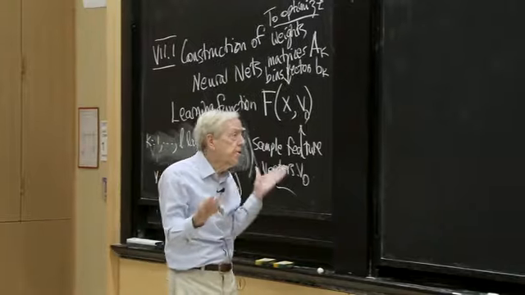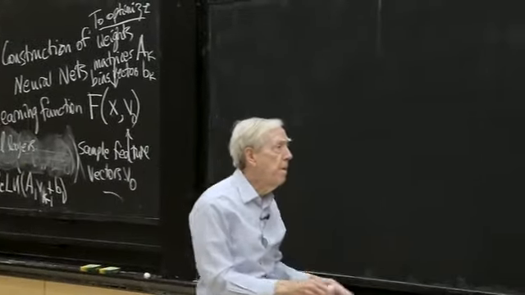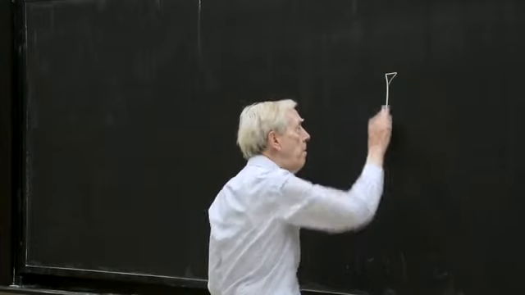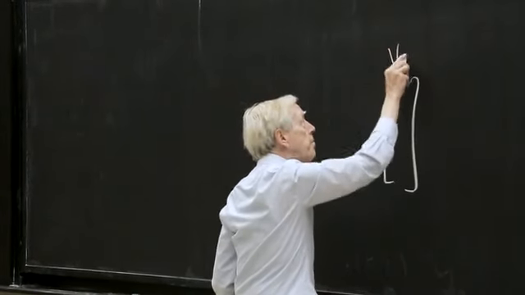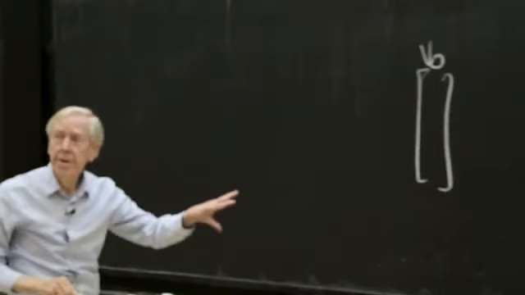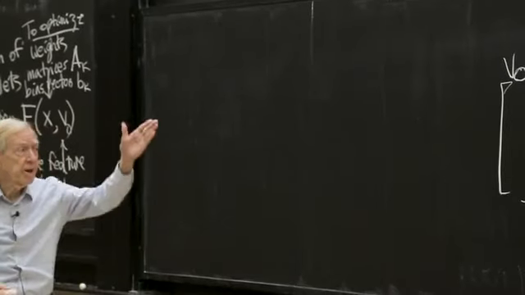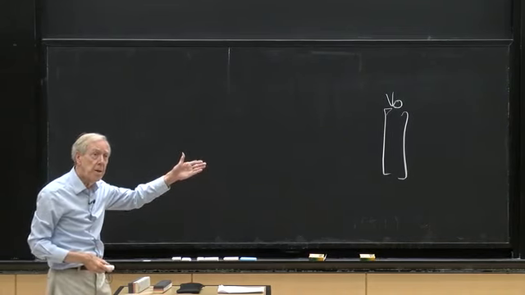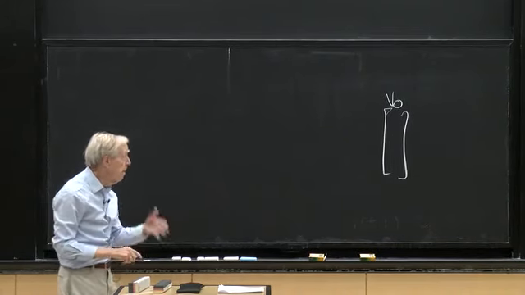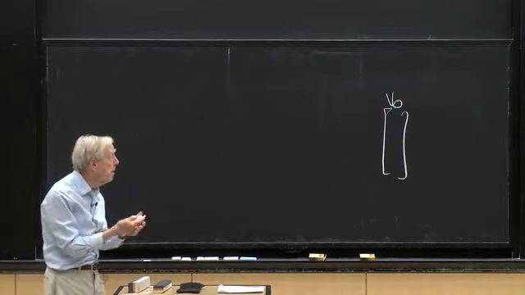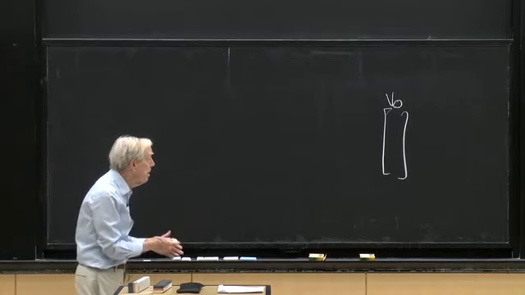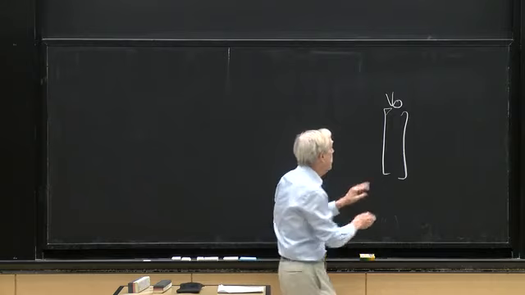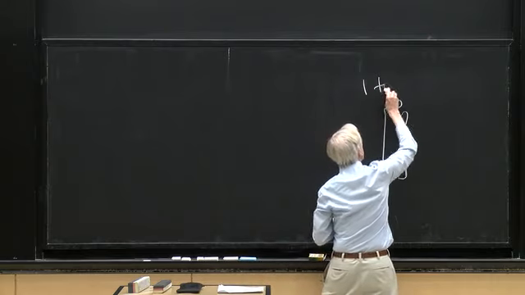So let's just do a picture here. Here's V0, a sample vector, or if we're doing image processing, it's all the pixels in the image, in the training data from one sample. This is one training sample.